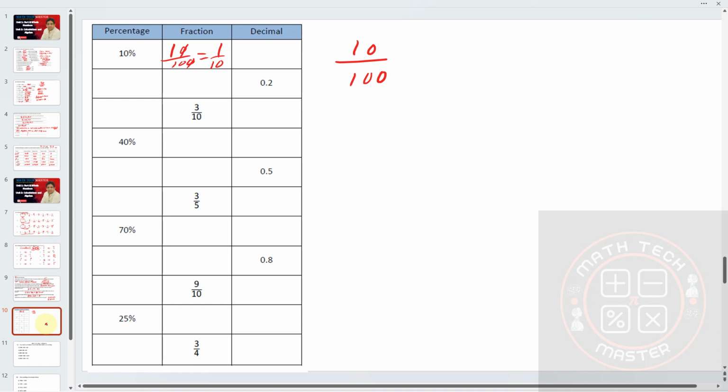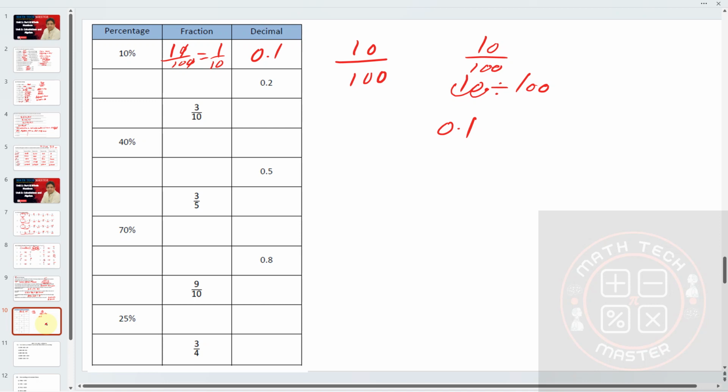Whenever we want to change any percentage into decimal, it is just like dividing the number by 100. When we divide the number by 100, what did we do? Remember? We did it in the last video. We have to jump 2 times backward. So our decimal point is here. So we will move 2 steps backward and it will be 0.1.